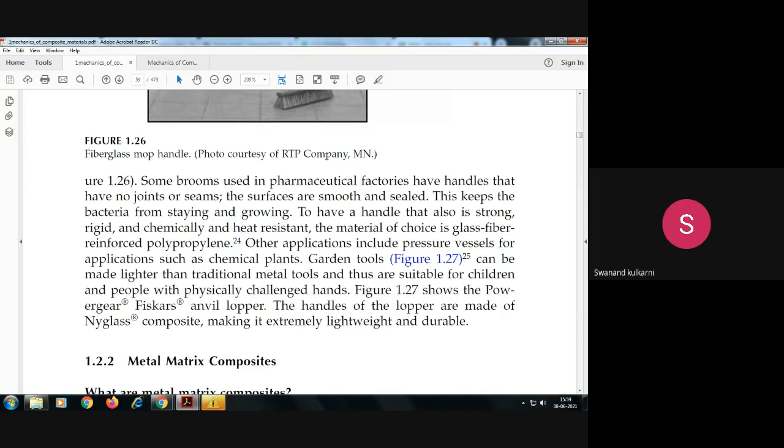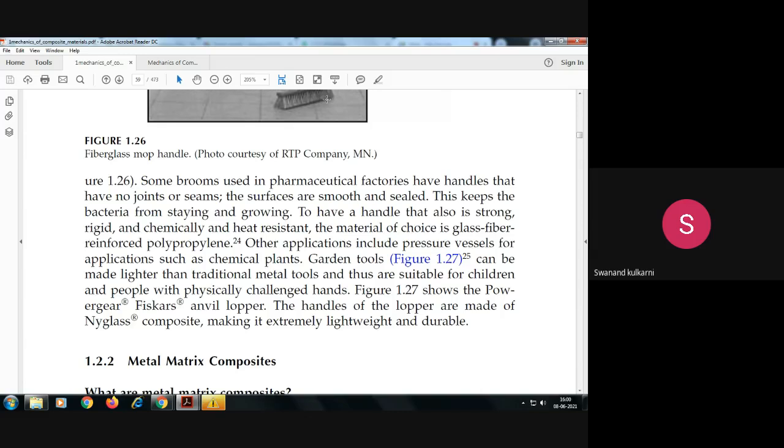So other applications include pressure vessels for applications such as chemical plants. So in case of chemical plants, pressure vessels are manufactured, garden tools are there, then traditional metal tools are there, then aids for children and people with physically challenged hands and feet are also used.